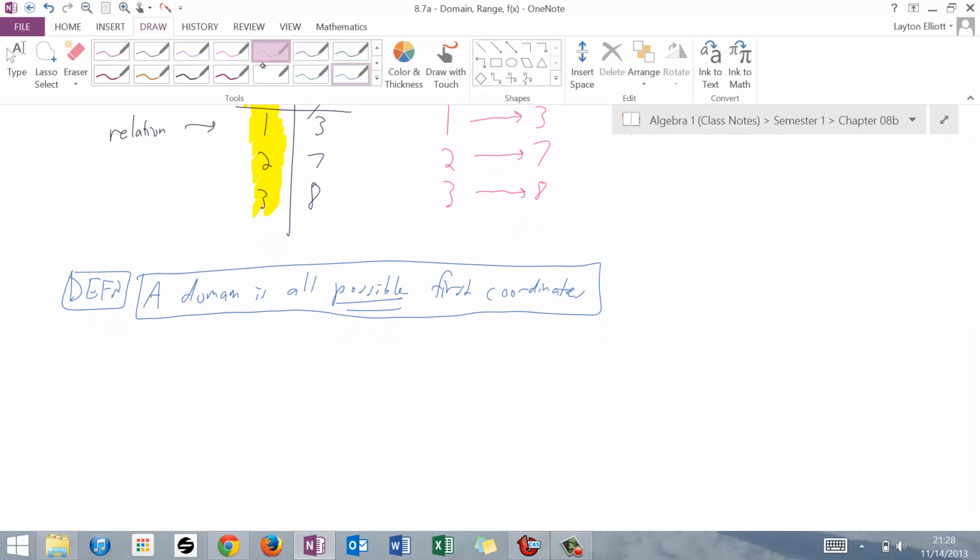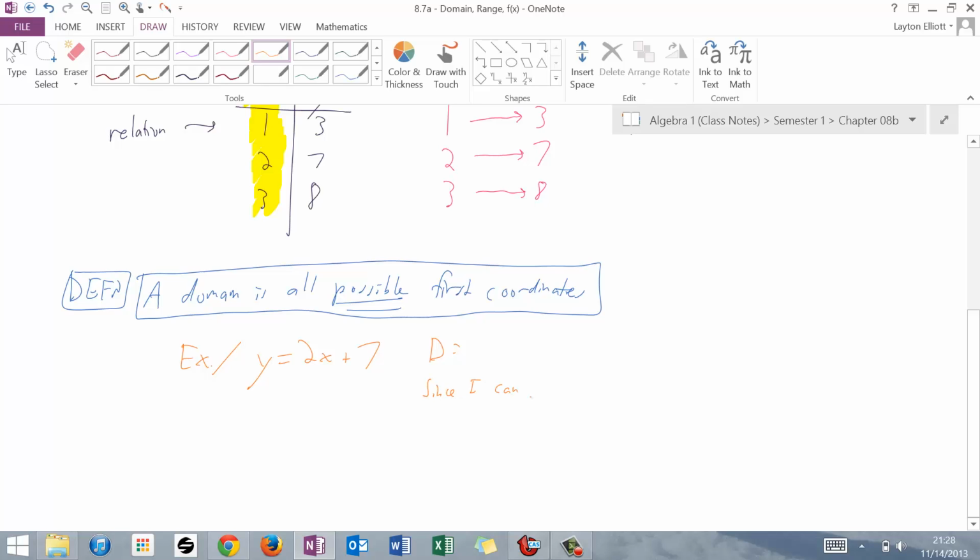So let me give you 2 examples of domains here. Here's the first one. If I gave you the line y is equal to 2x plus 7, first of all, you should know that that would graph a line. And second, if I asked you, what is the domain of this? Well, the domain of this really is saying, what are all possible first coordinates?